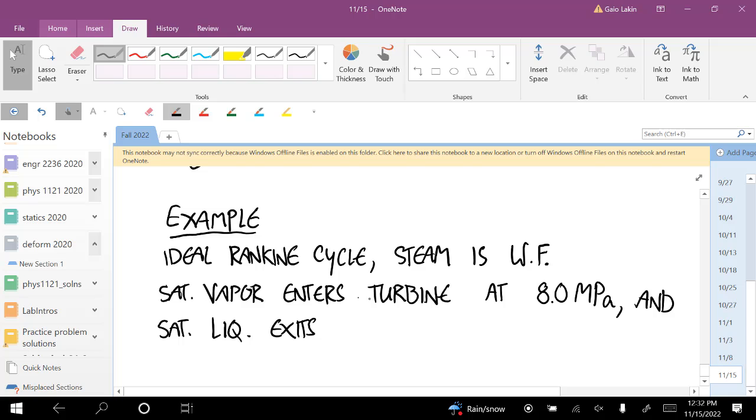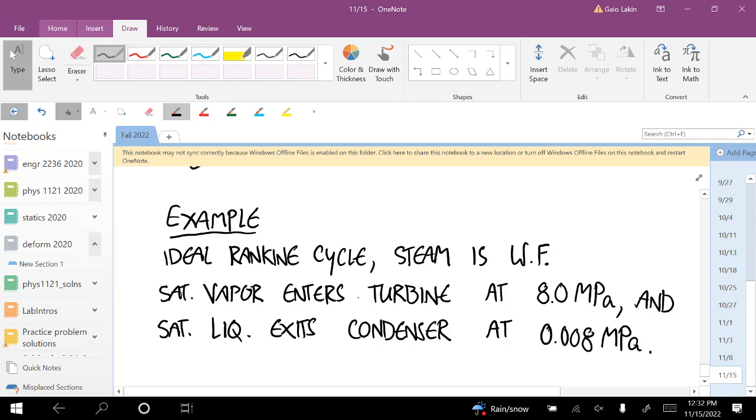So it's not exiting the turbine, it's exiting the condenser, at a pressure of 0.008 megapascals. Okay, so that's the first bit of information.